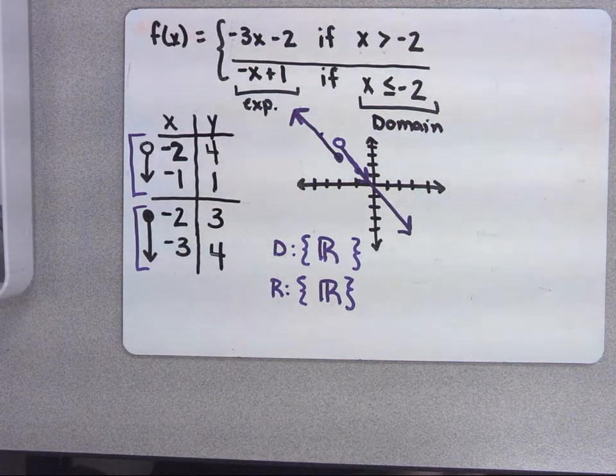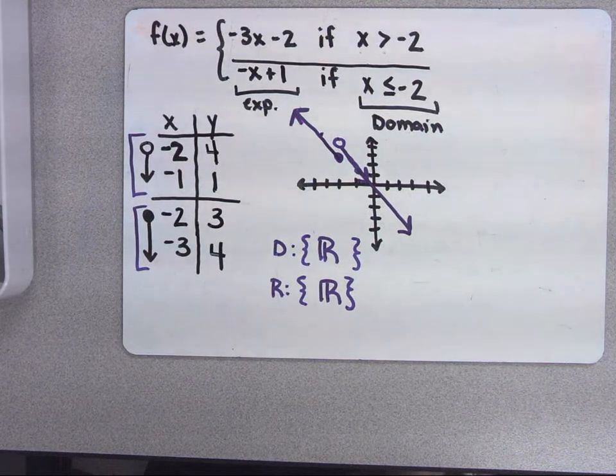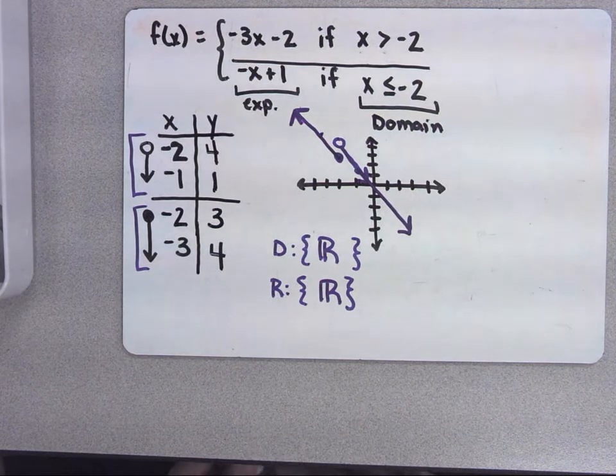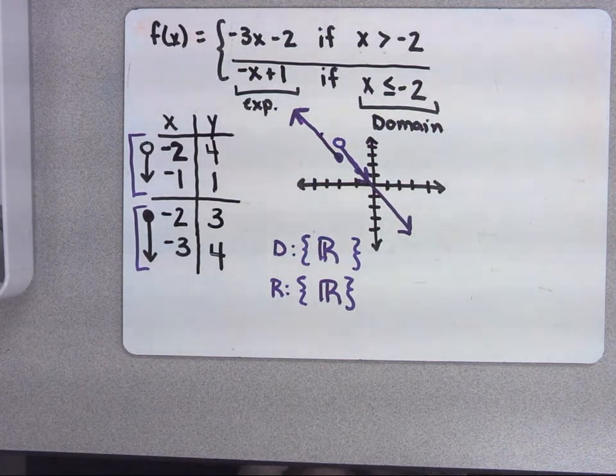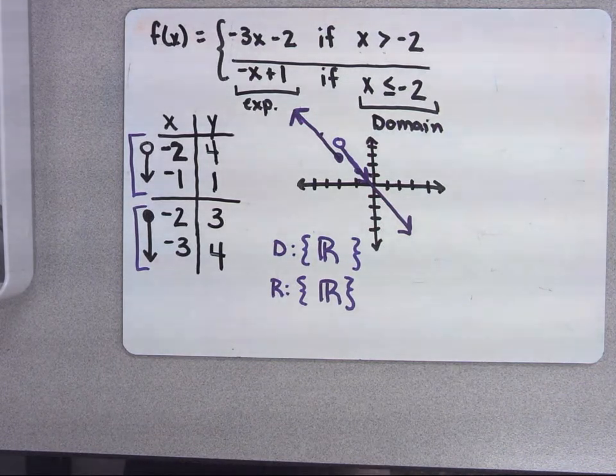Okay, f of x equals 1 bracket. Oh, there you go. Now we can see it. Top one is 2x minus 1 if x is greater than negative 1.